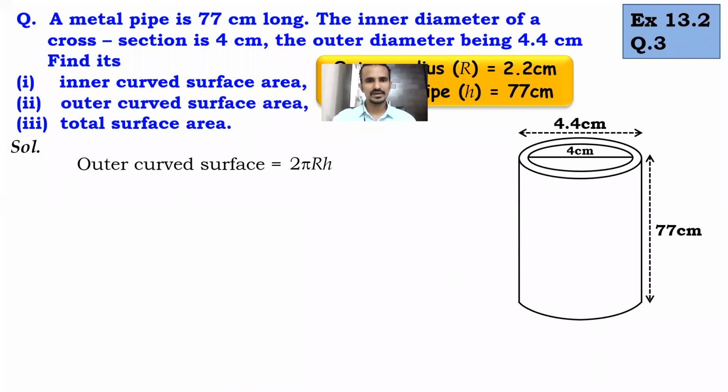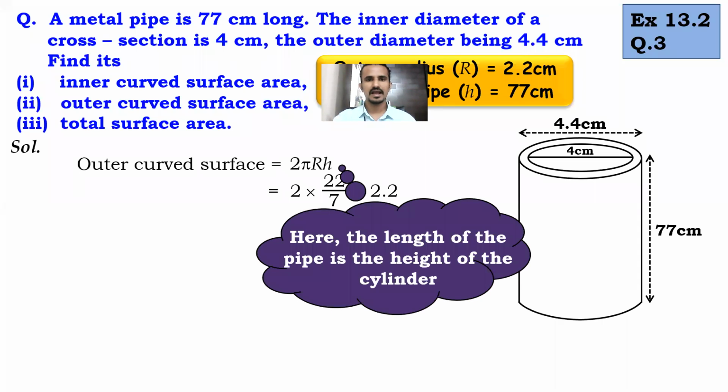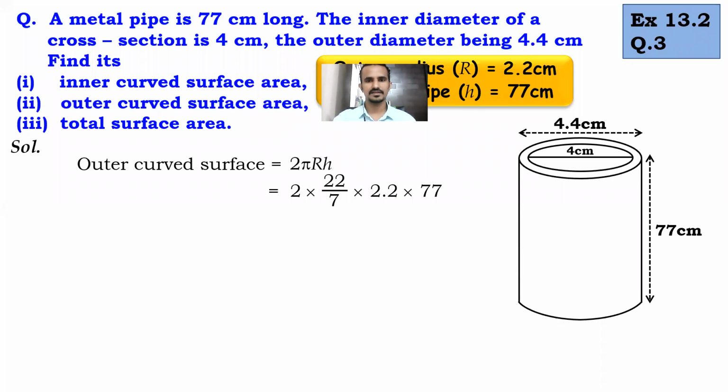Go ahead and calculate this. So we have 2 multiplied by 22 upon 7 multiplied by 2.2 because the outer radius is 2.2, and h, that is the length of the pipe, which is the height of the cylinder, will be again 77. Same way we have to calculate, do this.